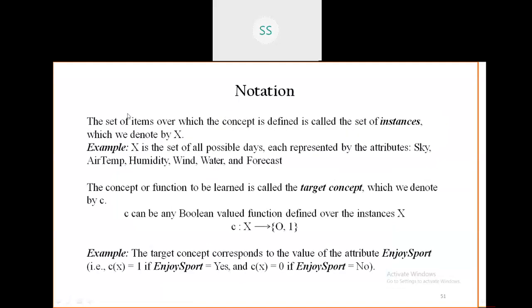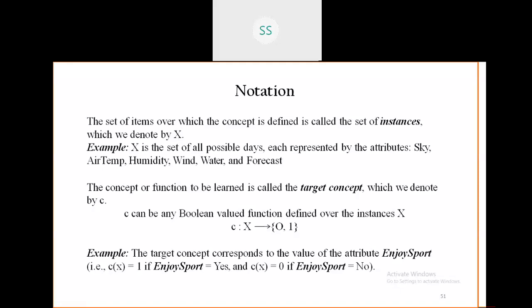Such a set of items we call the set of instances, denoted with a capital X. Whereas a small x indicates one instance or one item of that set. We take out one instance from the capital X.